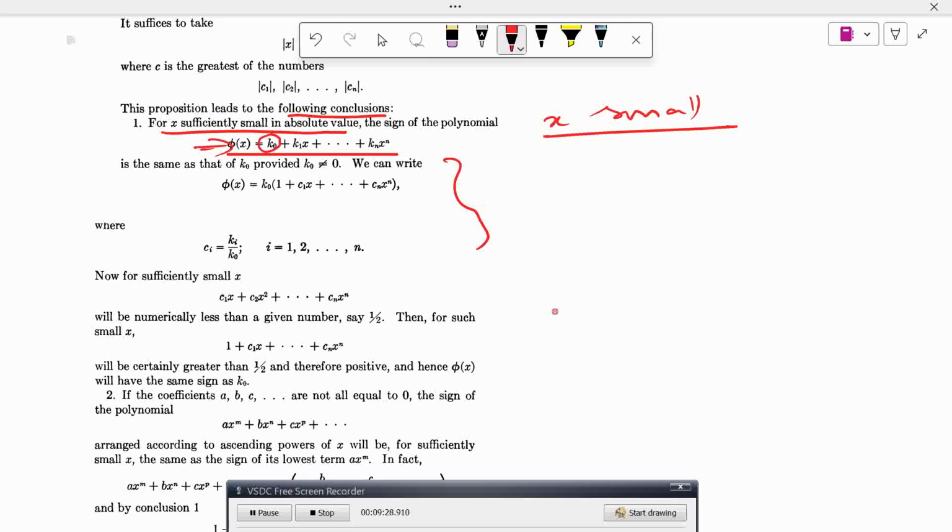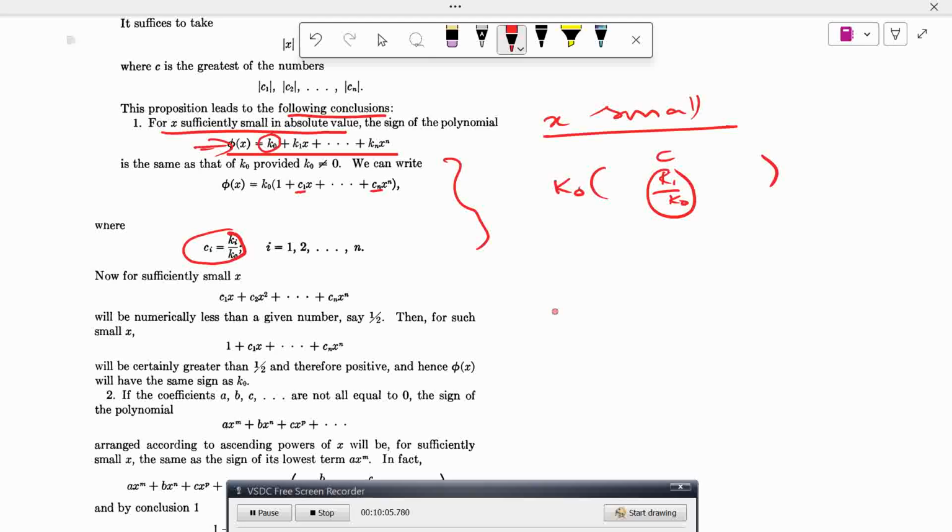Since x values are very small, we take k naught common from every term. So we take k naught common outside. This k1 might not have k naught common, right? So we can divide. So this is our C. See, the new coefficients are of the form ki by k naught.